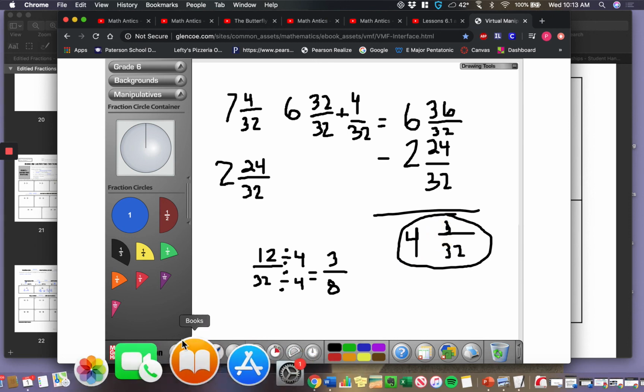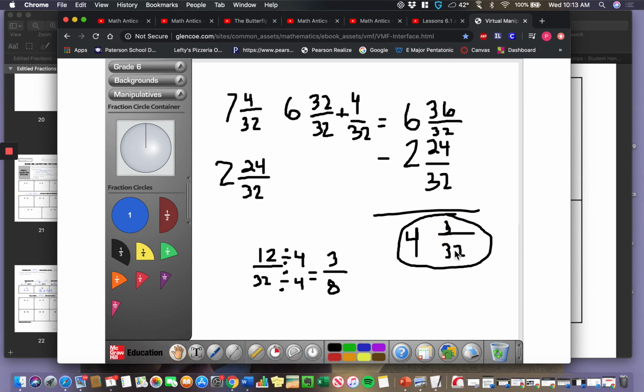And instead of 32, I'm going to have 8. There you go. So your answer could be 4 and 3/8, or it could be 4 and 12 32nds.